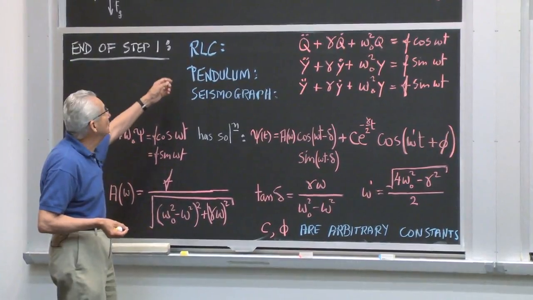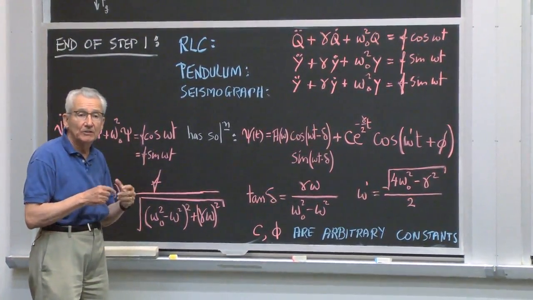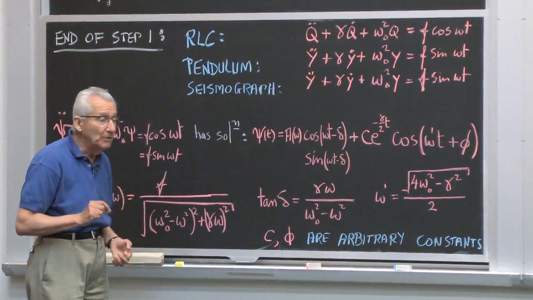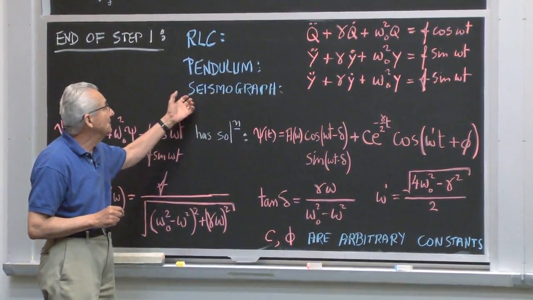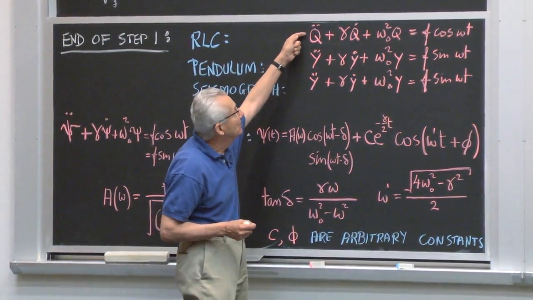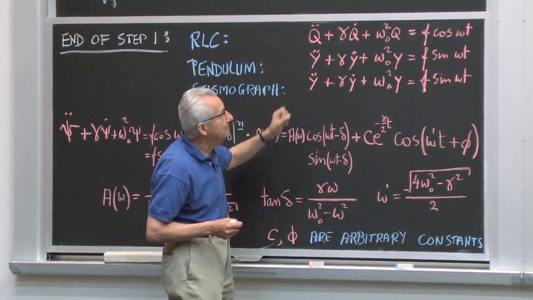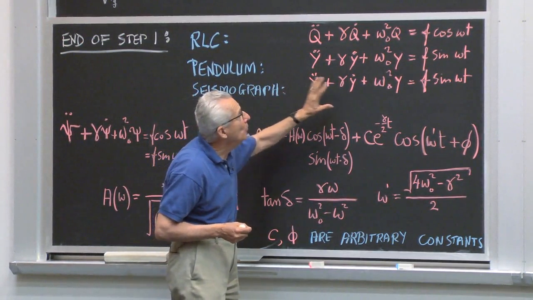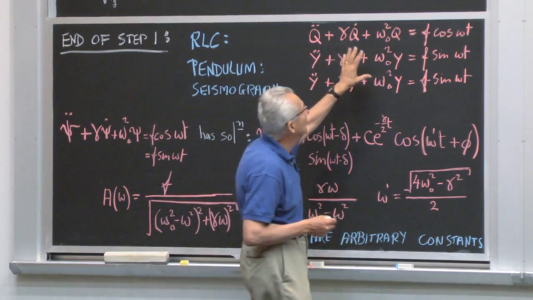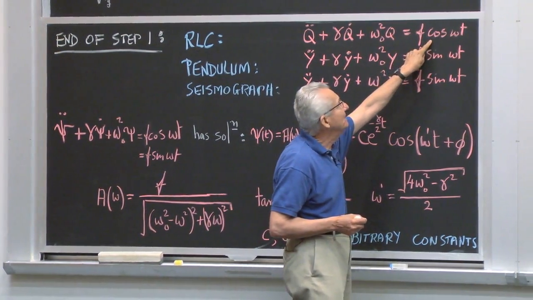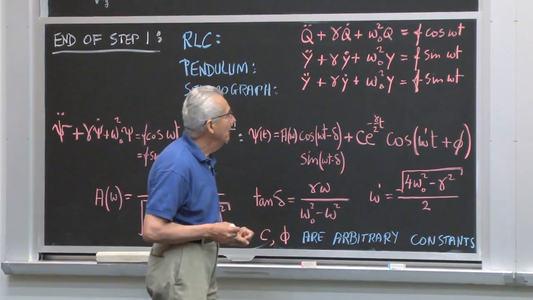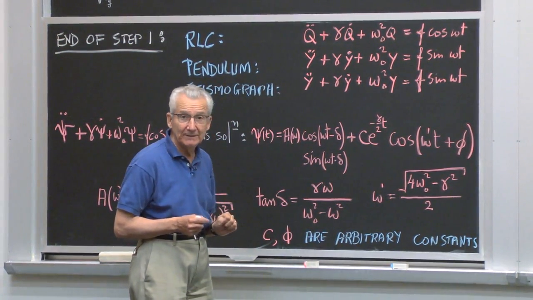The three systems were an electrical circuit, an RLC circuit, a driven pendulum, and a seismograph. Each one of these ended up with almost identical equations. In fact, the only difference is one of them ended up with a cosine here, the other two with a sine. Okay? I'll comment about that in a second.